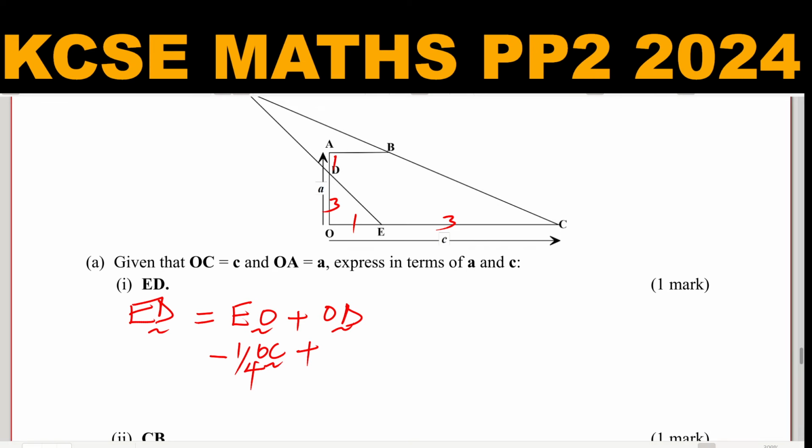Then plus OD. Look at the ratio in which D divides OA. That is internal division. Therefore, OD is 3, then DA is 1, so OD will be 3/4 OA.